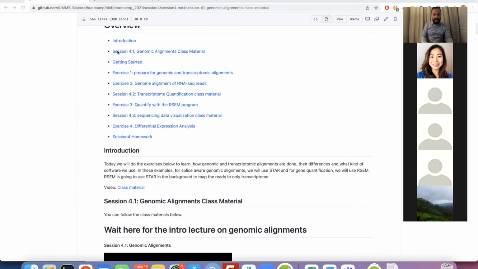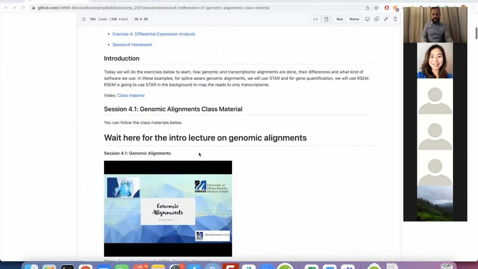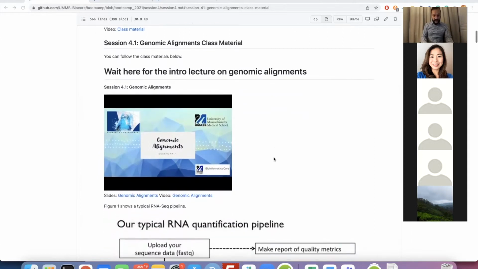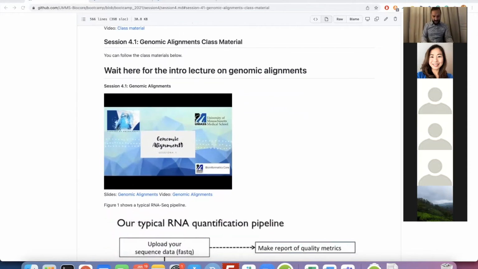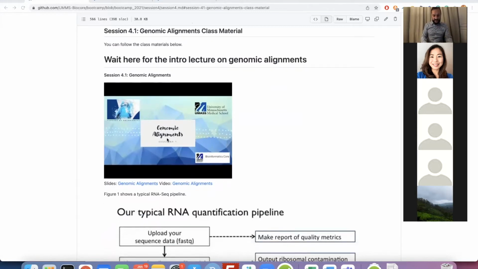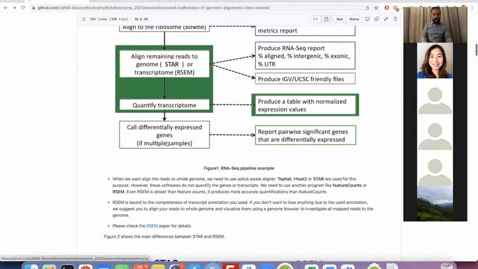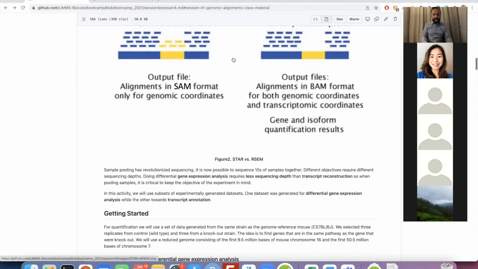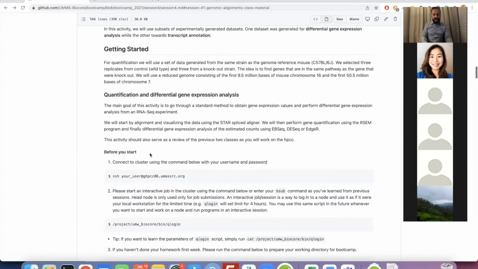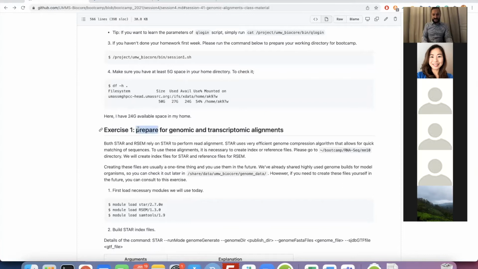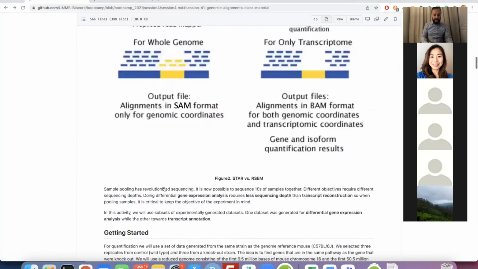Today we are going to go over all these exercises, but we want to give you time to actually do the exercises yourself. But first, Elisa gave another talk about genomic alignments, and she beautifully explained all these things, and I want to start with that. After that, I'm going to explain what we're going to do here, and you're going to start the exercises by yourself first, and then we're going to go over them.